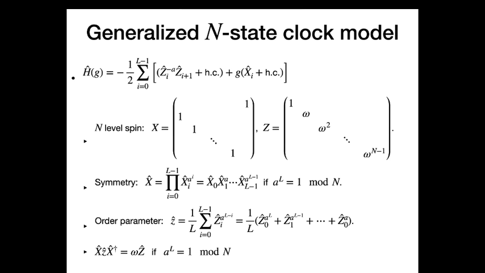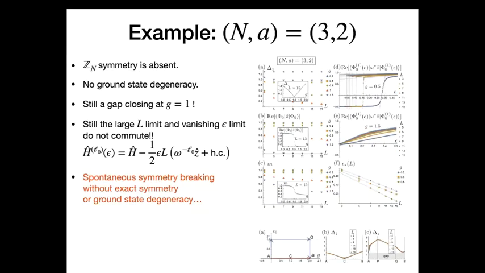And what happens? We found that sometimes the ground state is unique. Please look at this inset. Here the parameter is G, and this is the difference between the ground state in finite size and the first excited state.